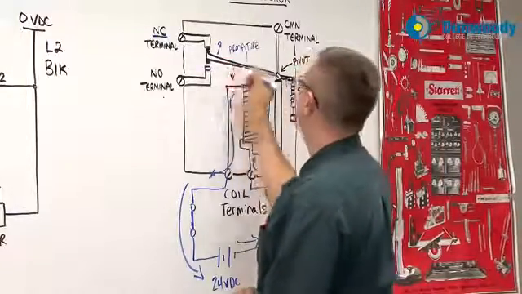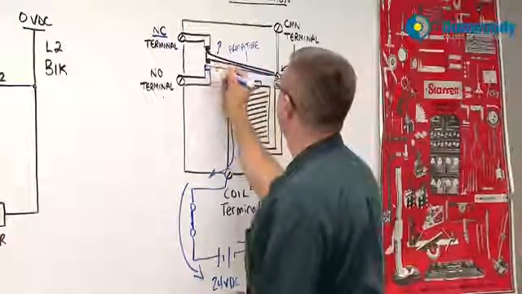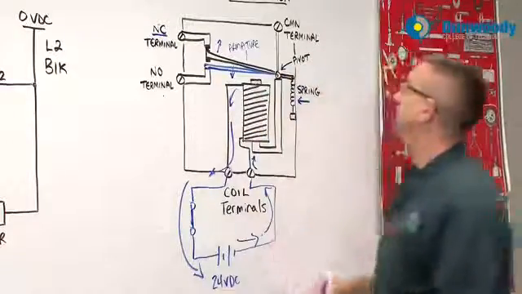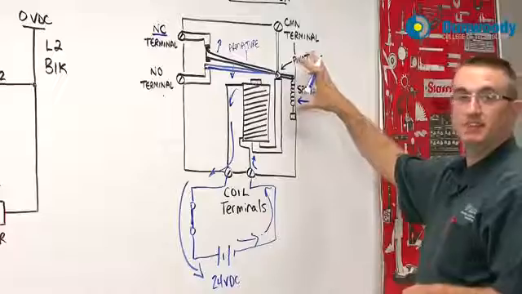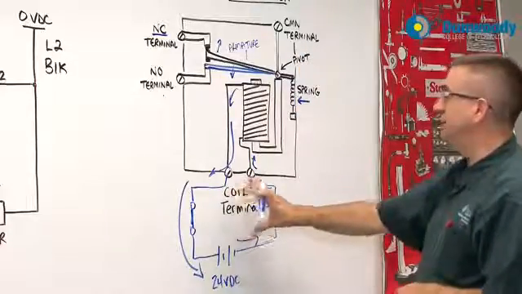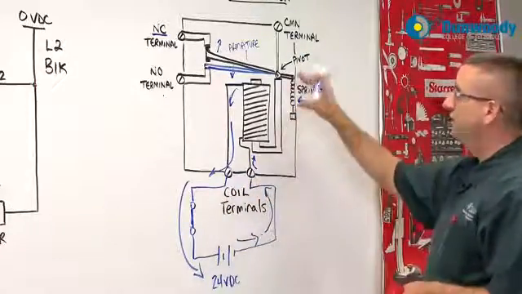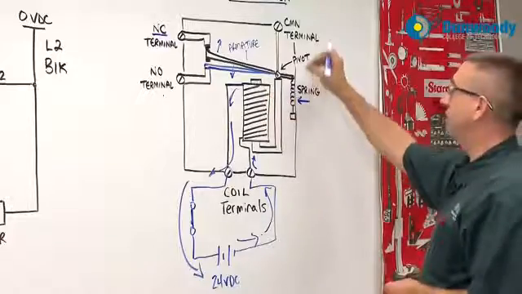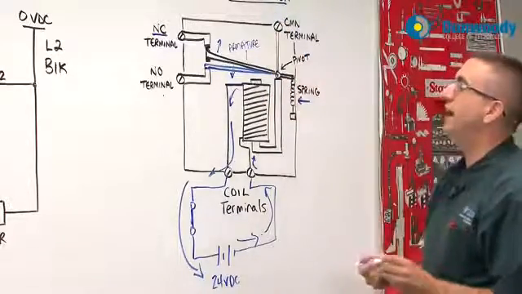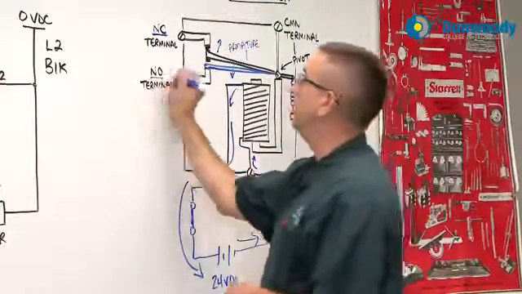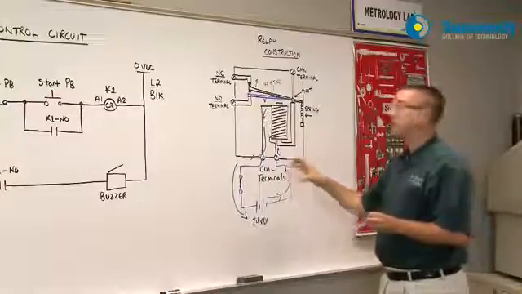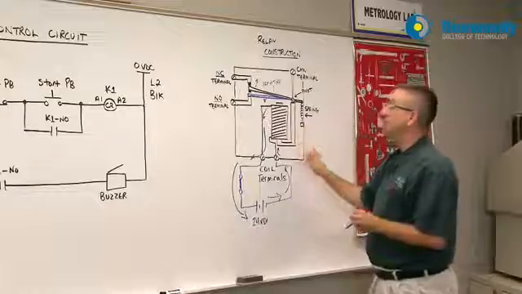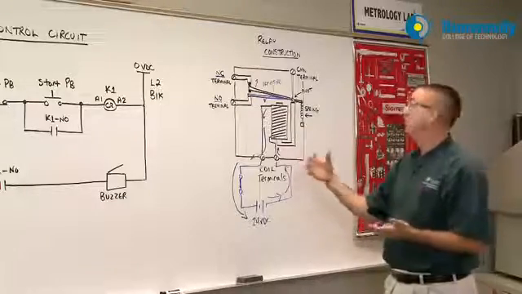The armature would change states, and it would now be sitting down here, pulling on the spring a little bit. The second that I release this energy or open this switch, the magnet goes away and the spring pulls back on it and takes it back up. So that's what normally open and normally closed contacts mean. Normally closed meaning closed when power is off, and normally open meaning it's open when power is off.